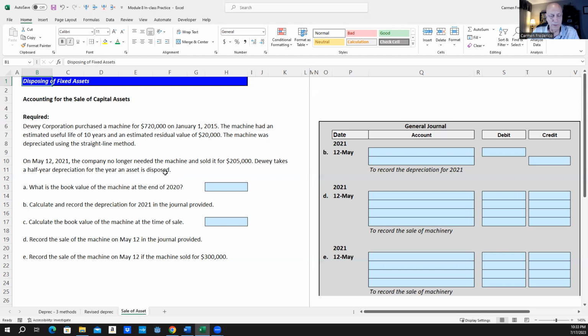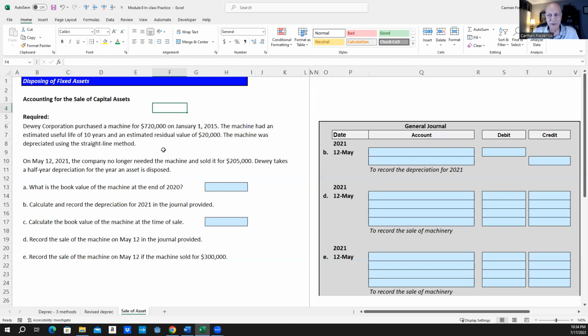Okay, and that's typical. Companies typically use a half-year depreciation in the year of acquisition and a half-year depreciation in the year of disposal, when an asset is purchased mid-year. Here, this asset was purchased on January 1st, beginning of the year, so take a full year depreciation.